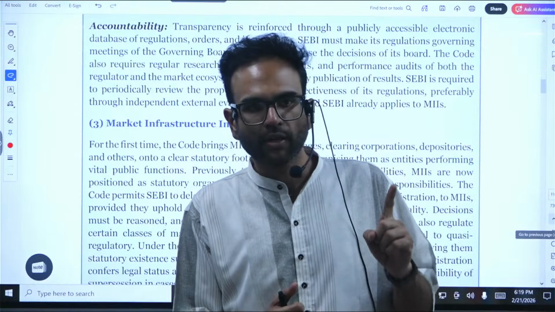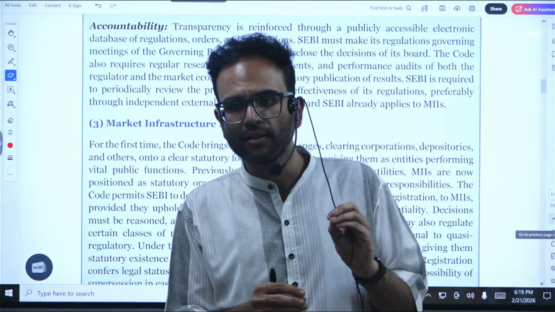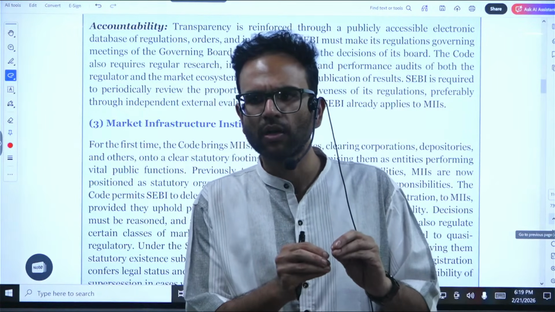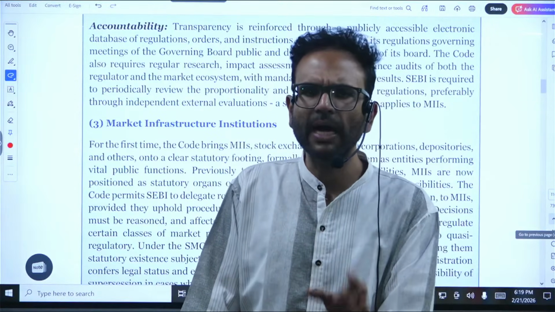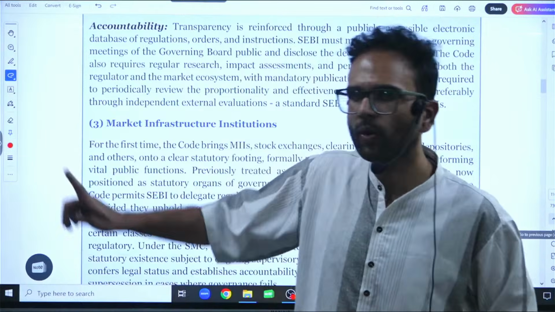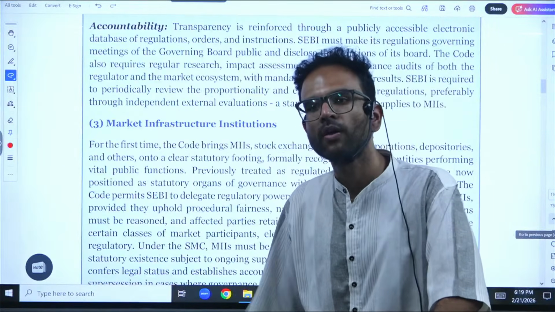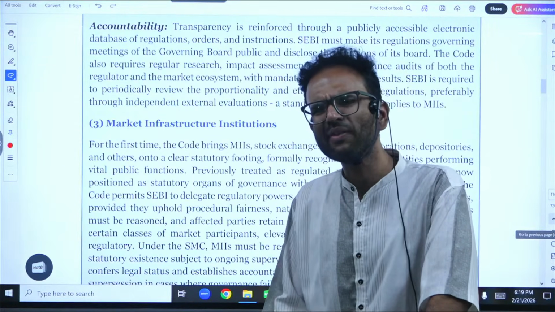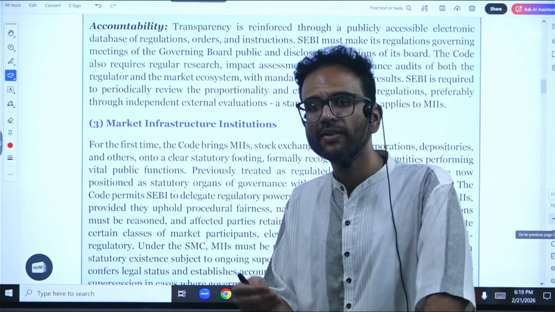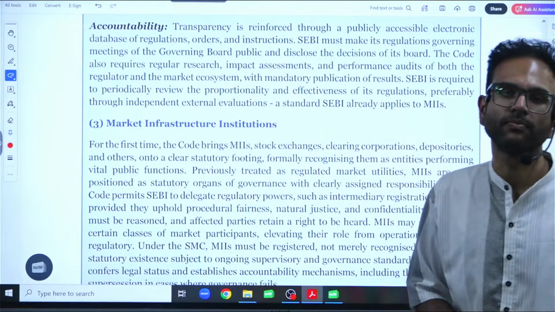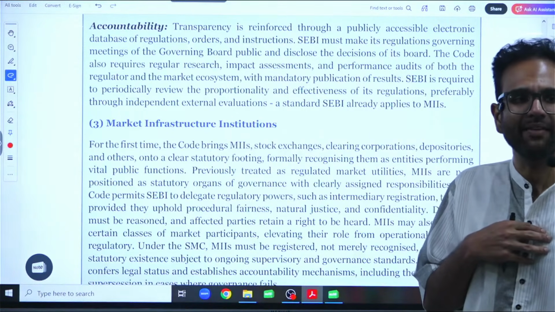This code can give away some powers to regulate aspects of the entire process. One additional development: till now, they were just recognized and registered, but now they will have a legal implication.